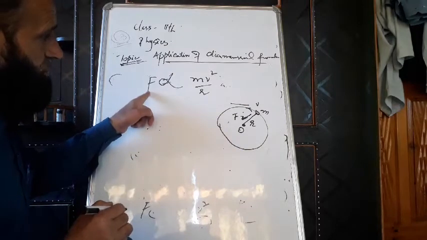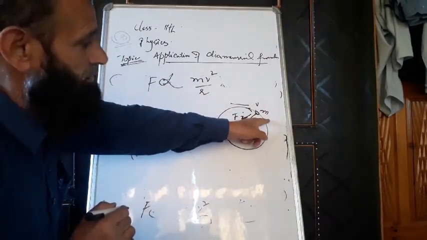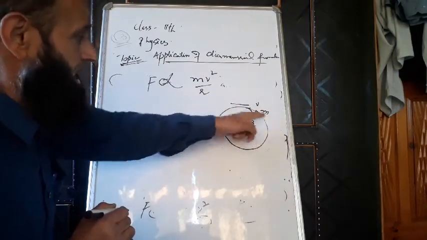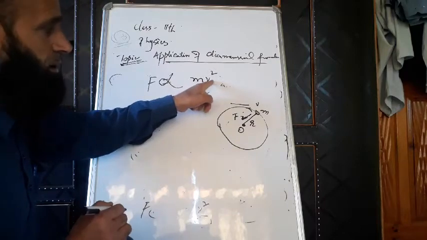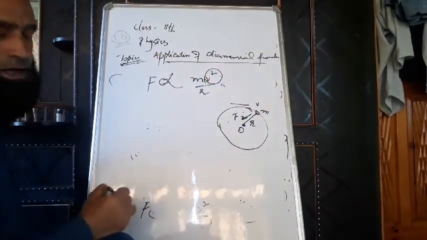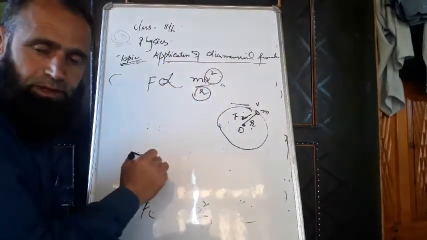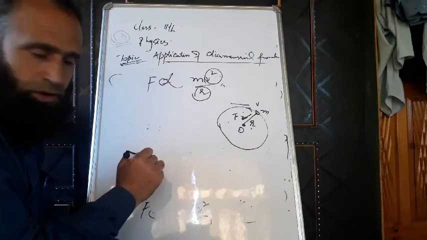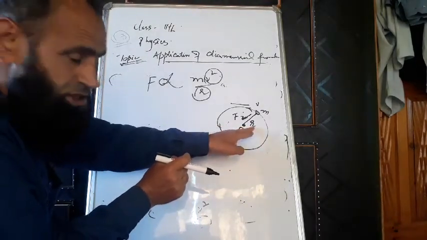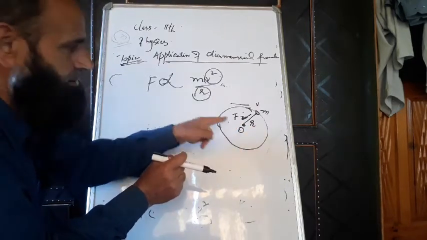Its magnitude is directly proportional to the mass of the body, directly proportional to the square of the velocity, and inversely proportional to the radius. If this radius increases, the centripetal force decreases.